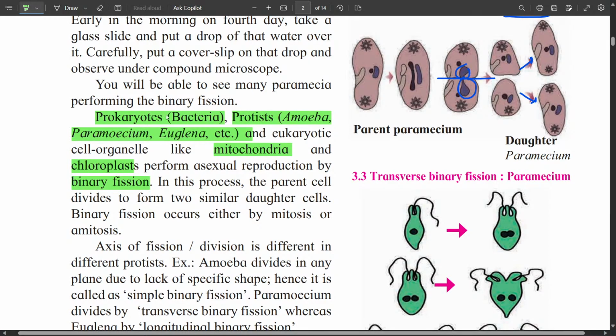So the examples you have to remember: bacteria, amoeba, paramecium, euglena, and cell organelles like mitochondria and chloroplast. They do such binary fission. In this process, the parent cell divides to form two similar daughter cells. It occurs either by mitosis or by amitosis.